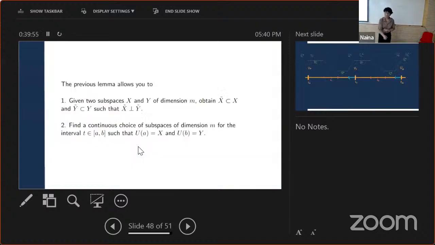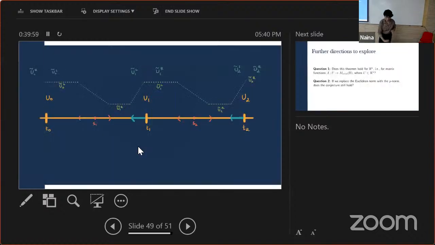What this allowed us to do was to pass into subspaces that are orthogonal, right? So we can pass into subspaces of U0, U1, and U2, called U0 tilde L and U0 tilde R, then U1 tilde L and U1 tilde R, and then U2 tilde L and U2 tilde R. And now, since they're orthogonal, we can stitch them together.